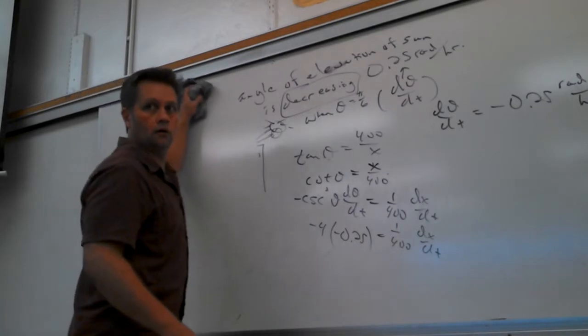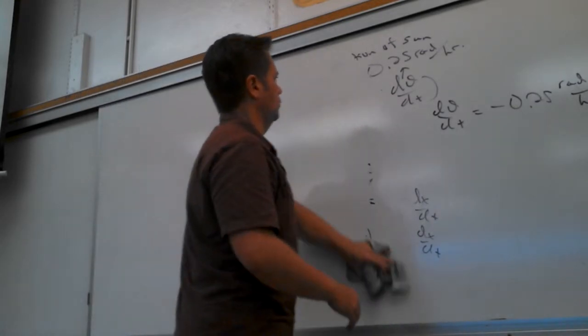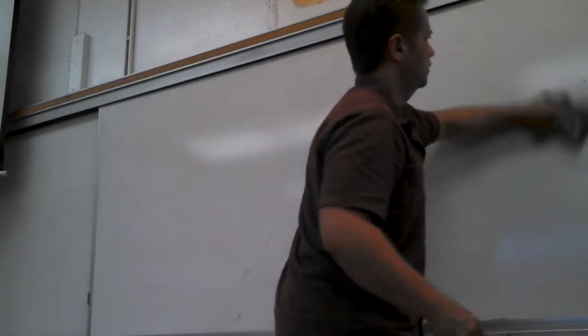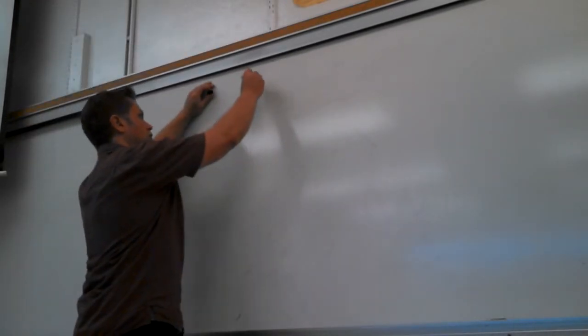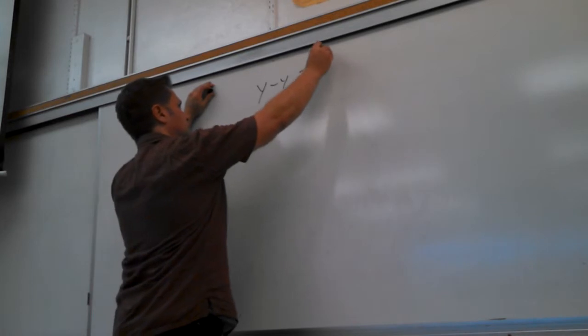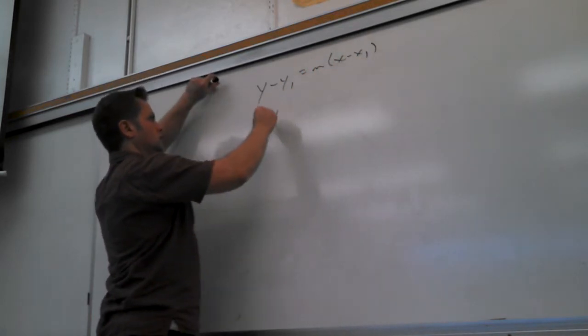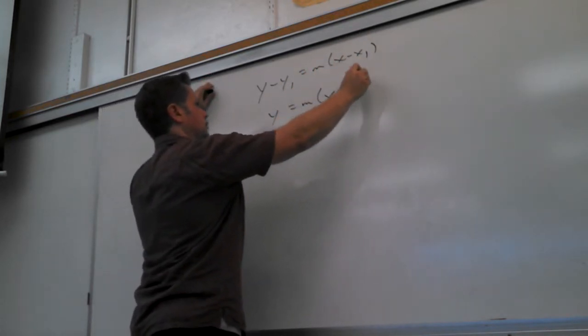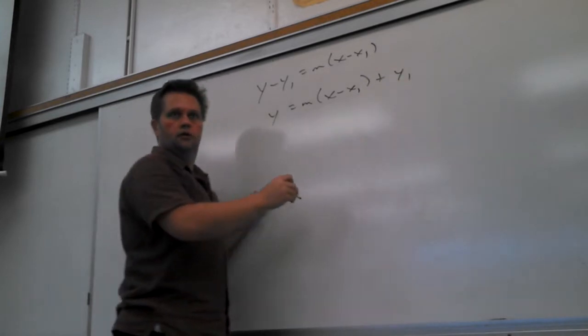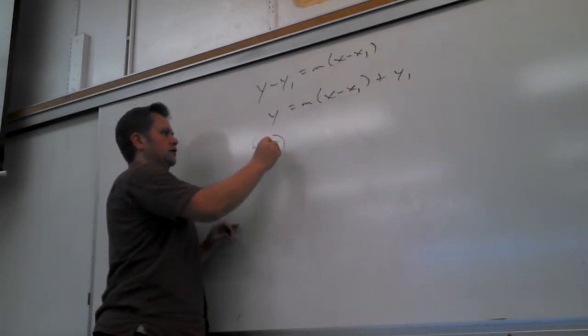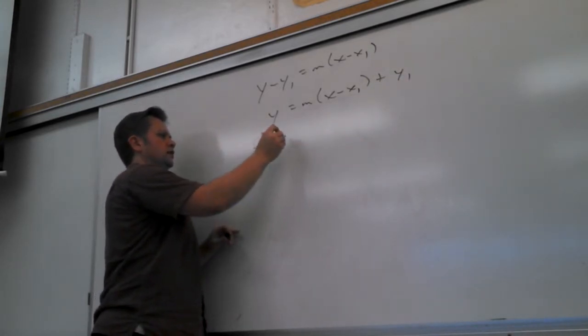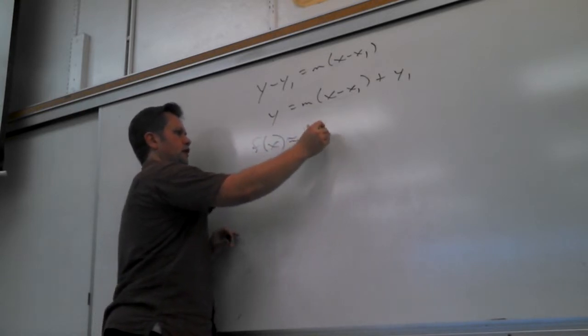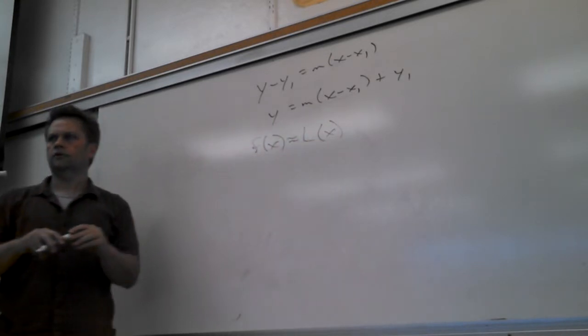Oh, you just have to remember the point. Again, if you forgot it, you didn't forget it. Because, of course, we know that y minus y1 equals m times x minus x1. So y equals m times x minus x1 plus y1. So f of x, what I think the book calls the linearization of x, makes a new function out of it.